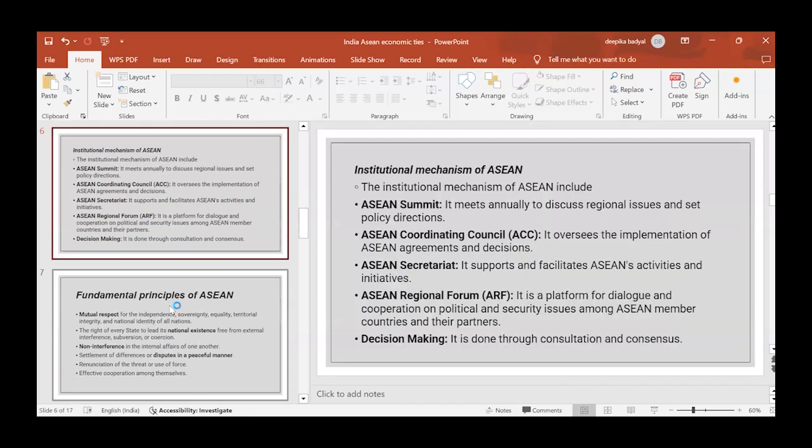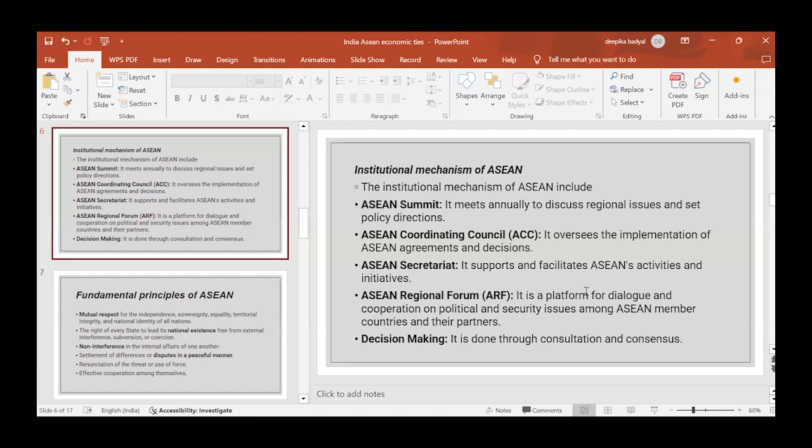Now, if we look at the institutional mechanism of ASEAN, there are various mechanisms, one of which is the ASEAN Summit. They meet annually to discuss the regional issues and obviously set policy directions. Then there is the ACC, which is the ASEAN Coordinating Council. It oversees the implementation of ASEAN agreements and decisions.